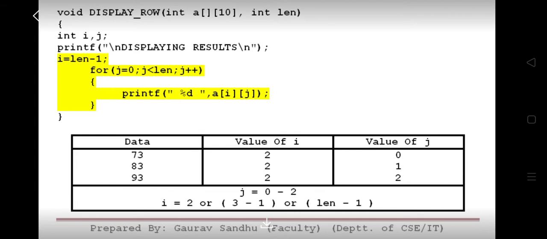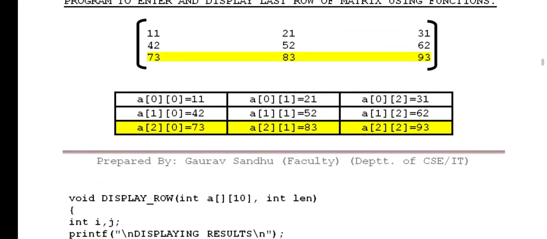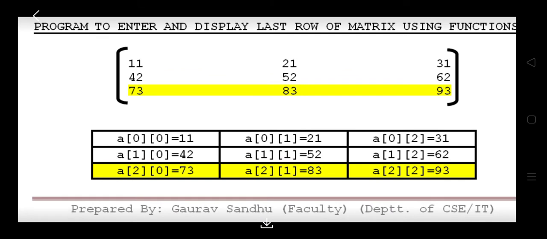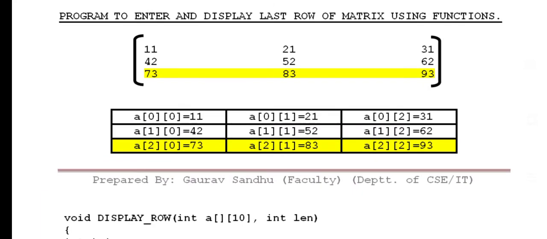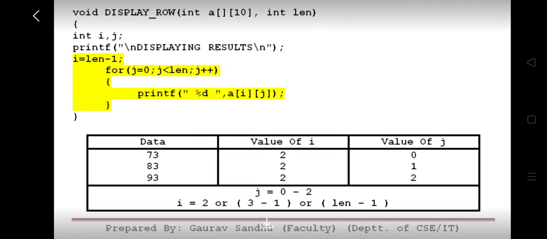Because if we are discussing the case of a 3 cross 3 matrix, let's see the example again. Based on the example, you can see that it is a 3 cross 3 matrix and the value of len is 3. Now, based on the table shown on the screen, we can see that the value of i is set to len minus 1. Please see the highlighted section.